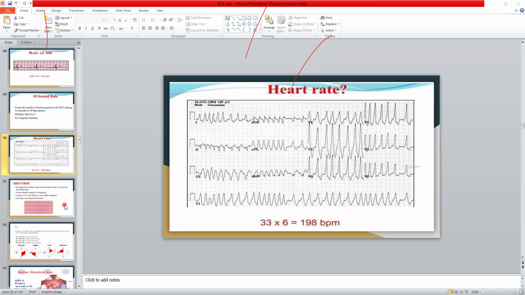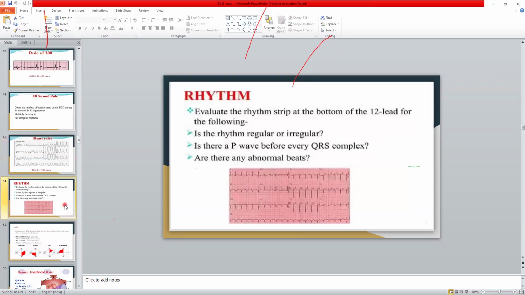Now let us know about the rhythm. The rhythm strip is usually present in a standard 12-lead ECG at the bottom. So, evaluate the rhythm strip at the bottom of the 12-lead ECG. What do you have to see in this rhythm strip?